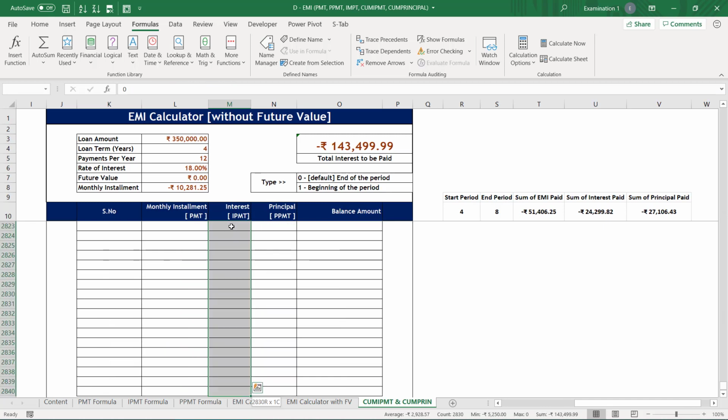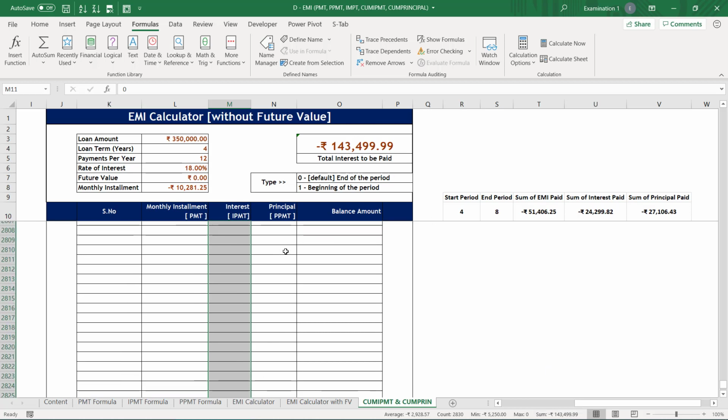If you select this value, you will get this value is exactly equal to the sum of those values in those columns, which is 1,43,000, approximately 500.